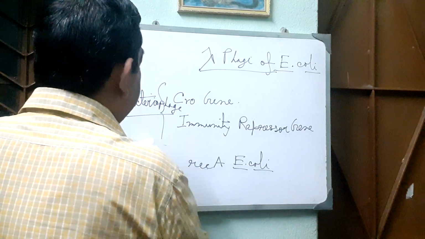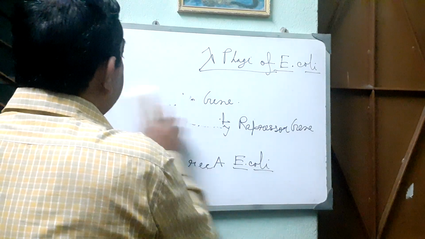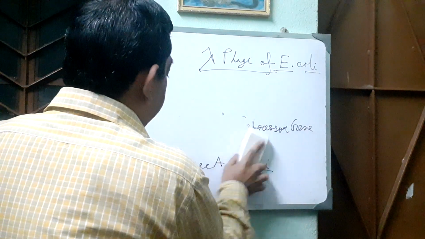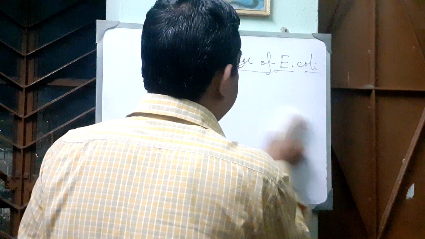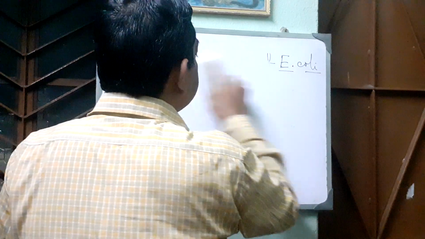So this is the thing, and there are some practical applications. Examples of the lysogenic cycle: some pathogens like Corynebacterium diphtheriae, and the streptococci which cause scarlet fever, with the erythrogenic toxin producing the rash in scarlet fever.